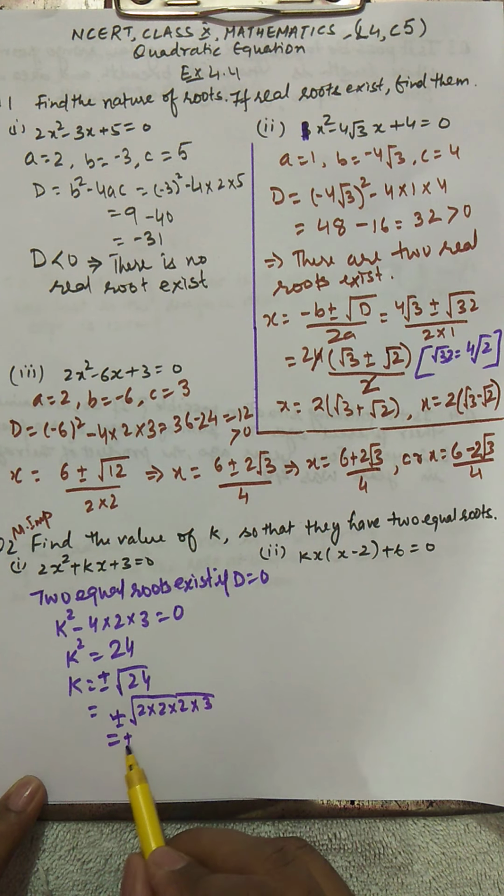Now they are saying that length is twice its breadth. So we start: let breadth be x, because the unit is given, so you'll assume x as x meter, and because this is twice, your length will be 2x.